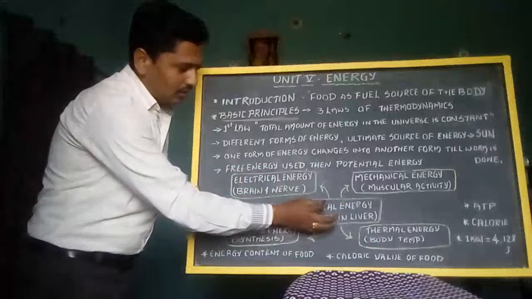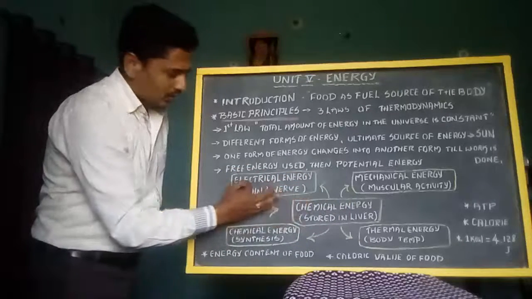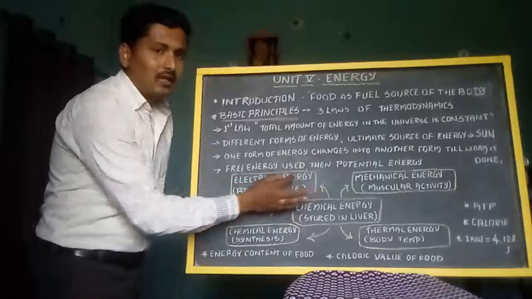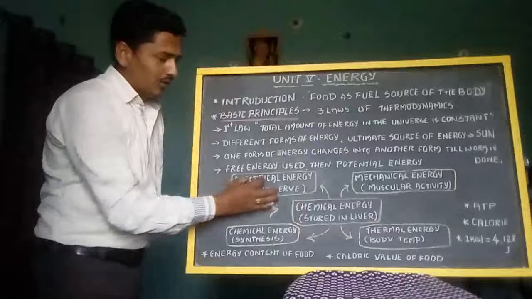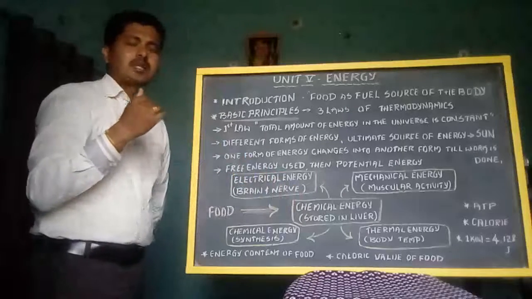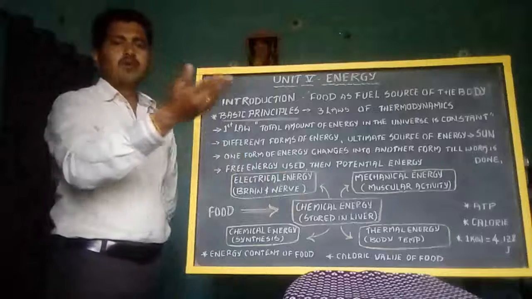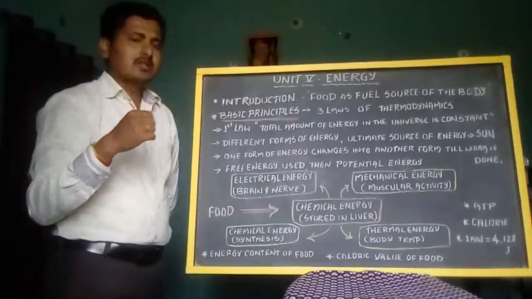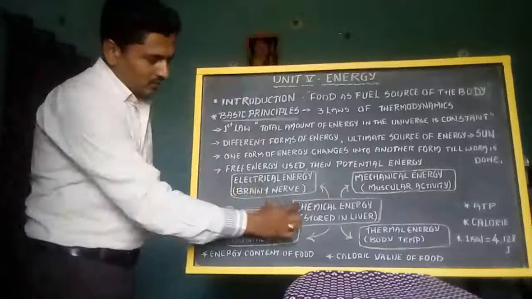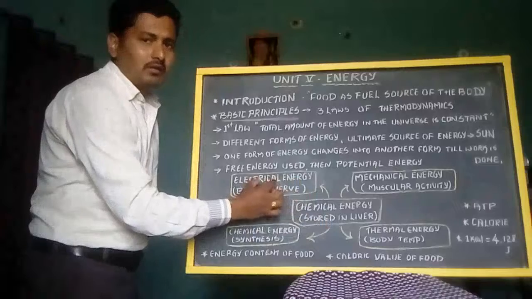This chemical energy can be utilized by brain cells and nerve cells in the form of electrical energy, neurotransmitters. Electrical signals are transferred from neuron to neuron or neuron to muscles in the form of electrical impulses, action potentials. This is one form of energy converting to another form.